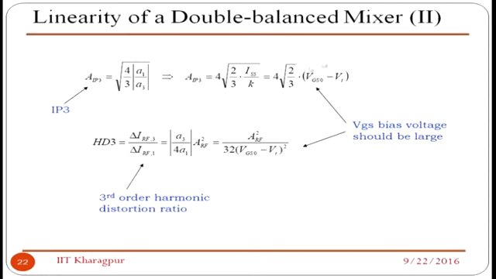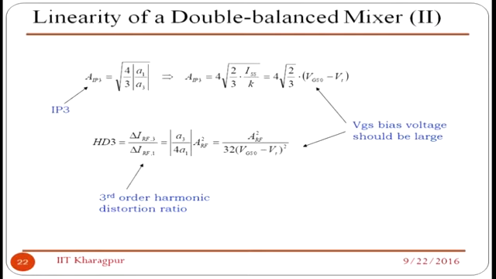So it becomes 4 square root by 2 by 3 times VGS minus VT. So if you want to increase the AIP3 linearity, mind the VGS. VGS should be large. That is your important observation. The VGS you are giving at omega RF should be large. If it is less, then your IIP3 will deteriorate.